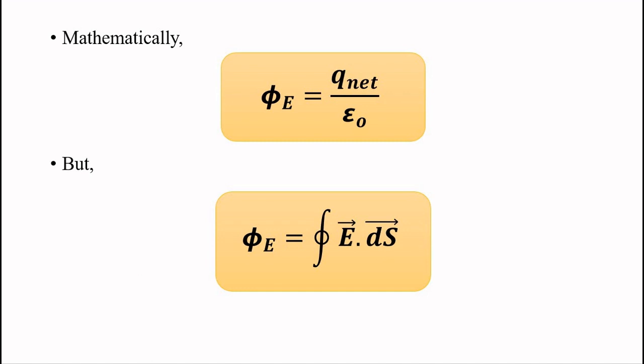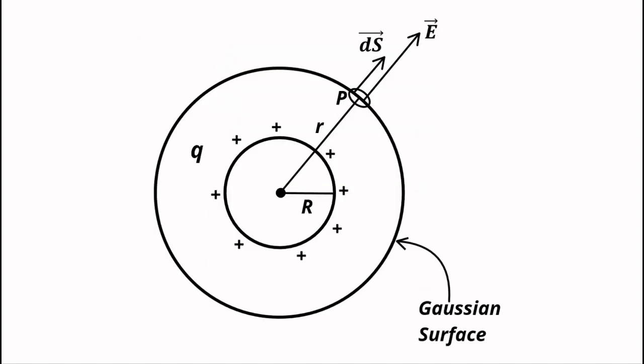So in this case we have a spherical shell of very small thickness, and it is uniformly positively charged, with a total charge Q distributed uniformly.